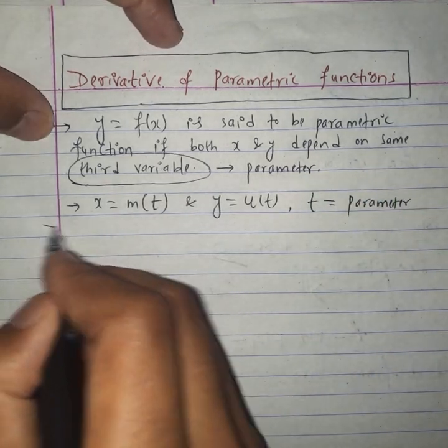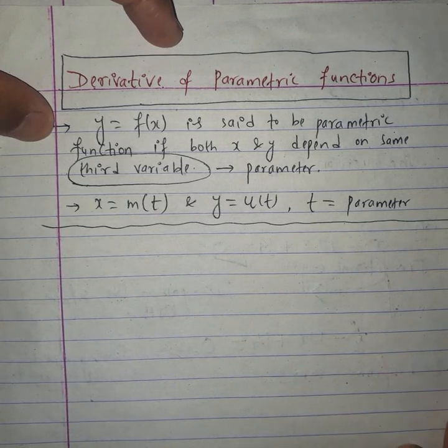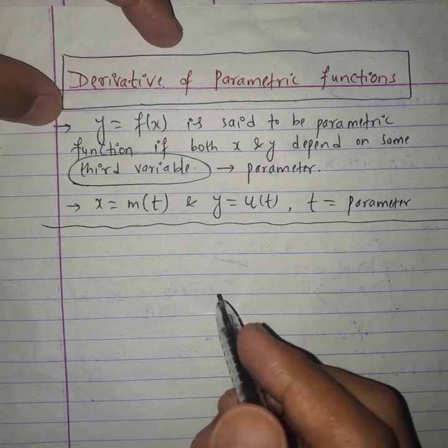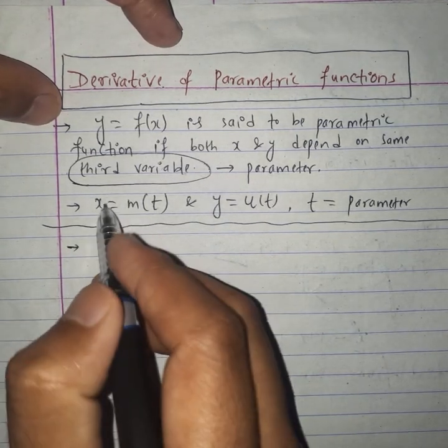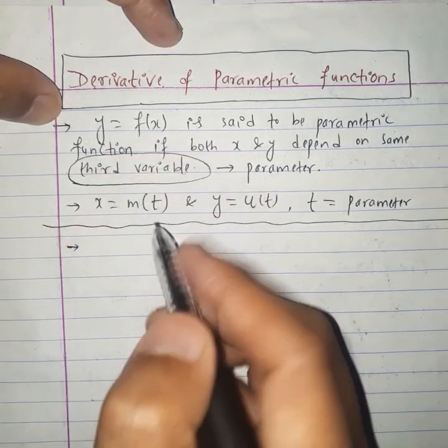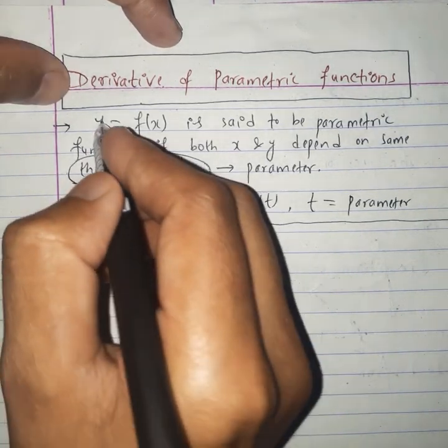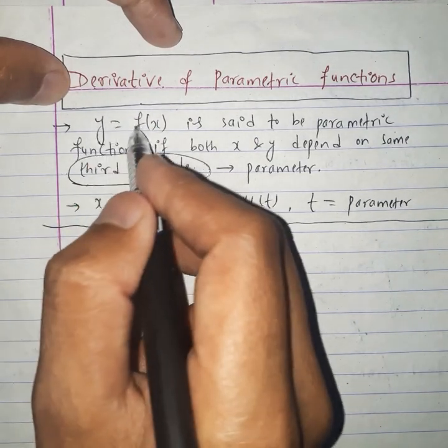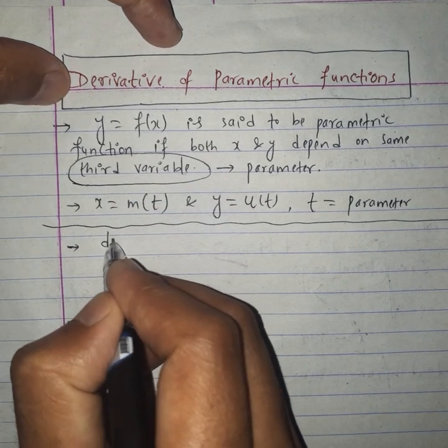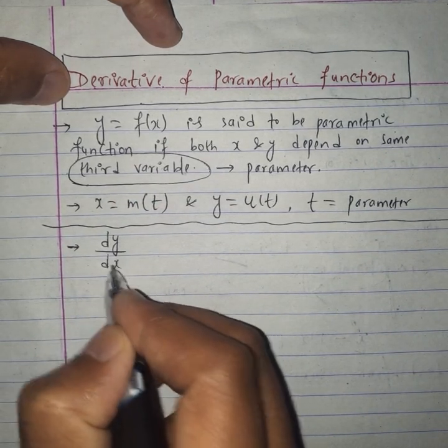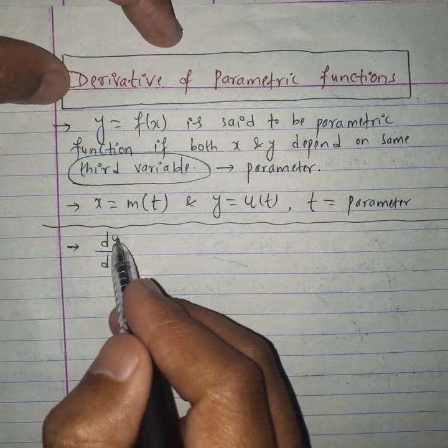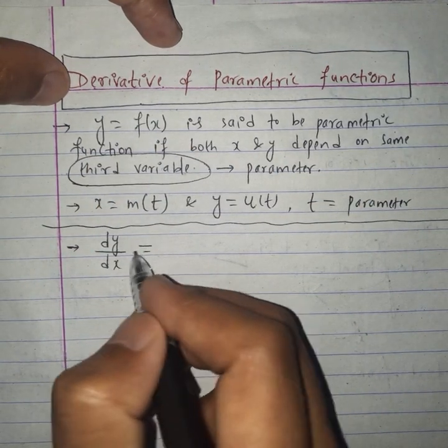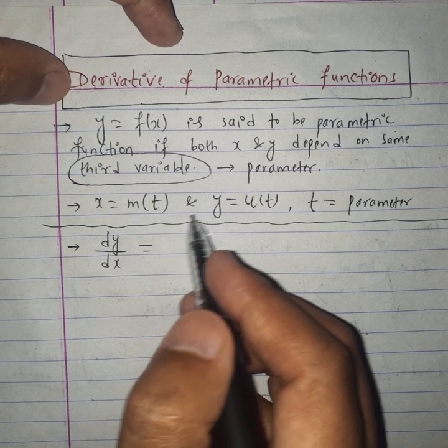Here we are going to discuss the differentiation process of the parametric function, how to differentiate the given parametric function. Here we are going to calculate the derivative of the original function. Here the original function is y equals f of x. Its derivative with respect to the input variable is just dy over dx. It is the derivative of y with respect to x of this original function, and it can be written in terms of t.